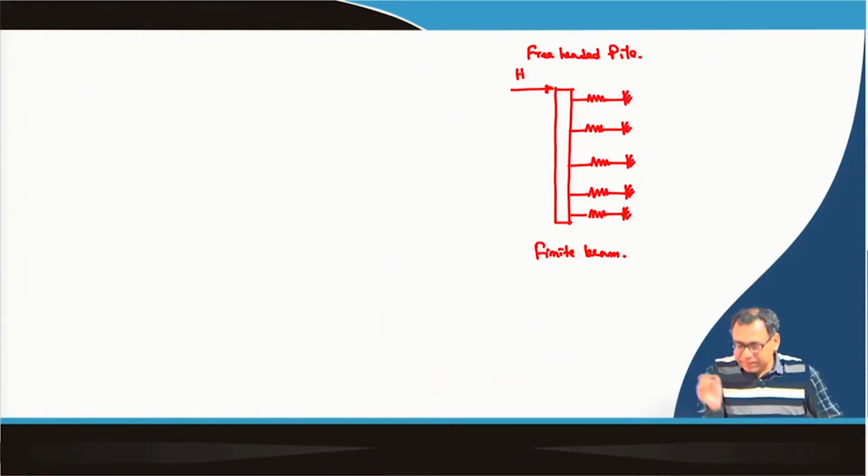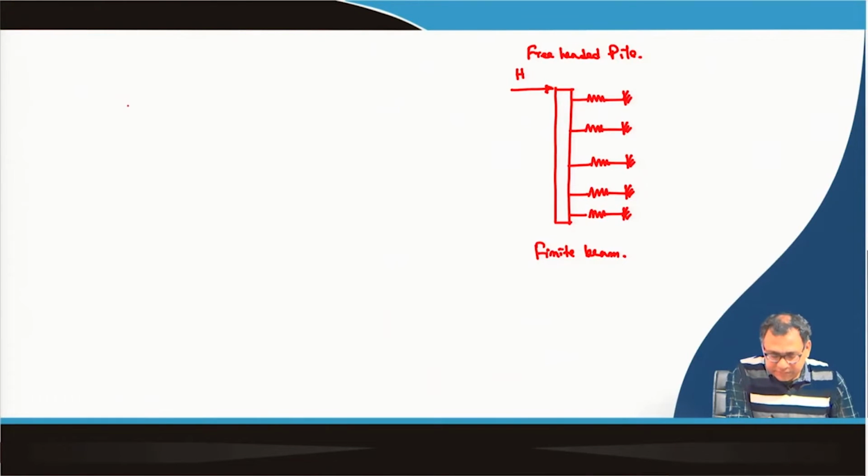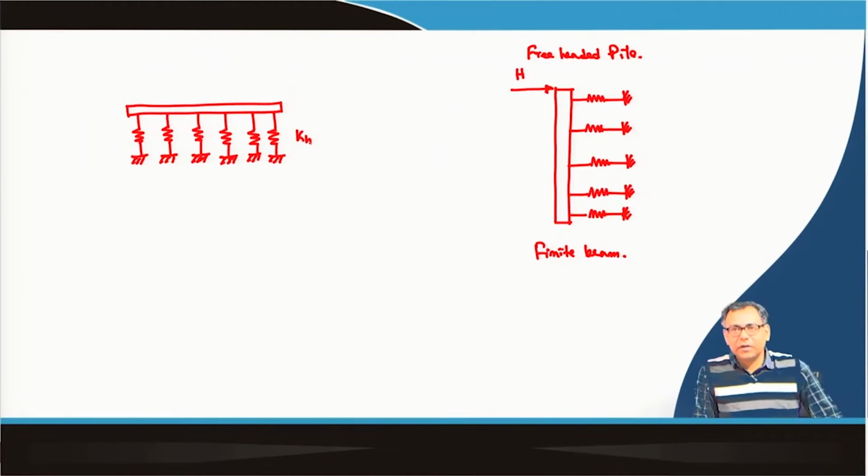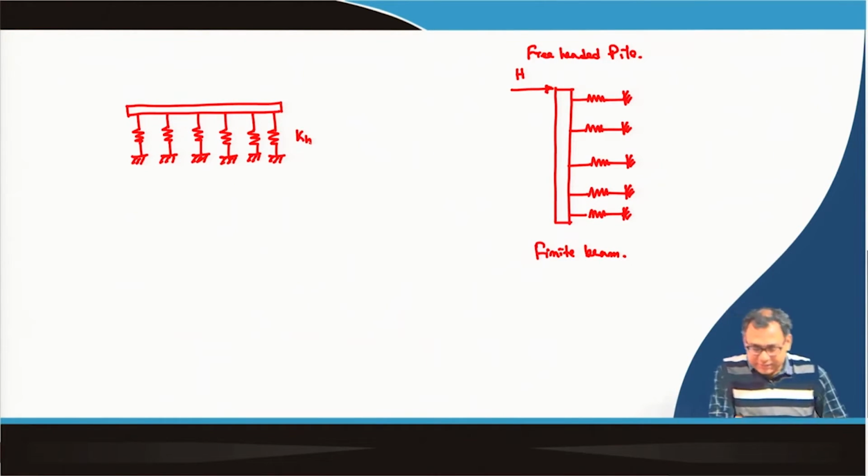If I rotate the orientation of the system, this is the finite beam and these are the springs, whose spring constant or modulus of horizontal subgrade reaction is KH.